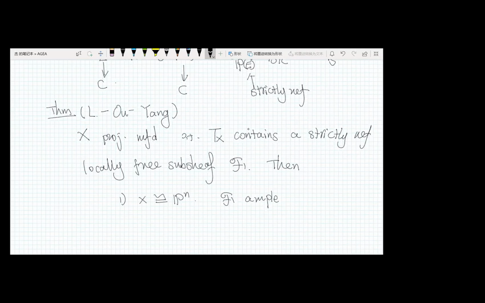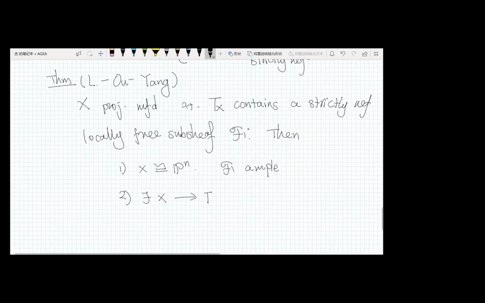And the second one is you can find a morphism from X to a projective manifold T, which is a projective bundle, and T is a hyperbolic manifold of general type.